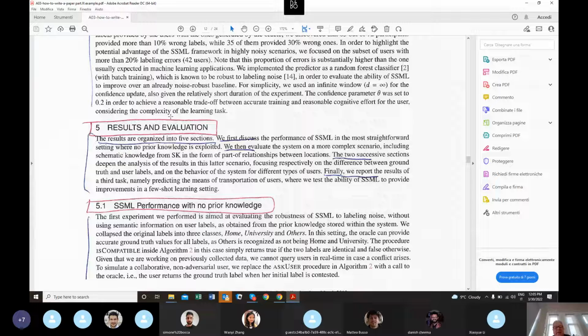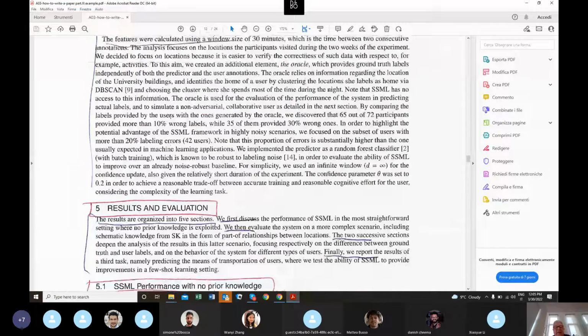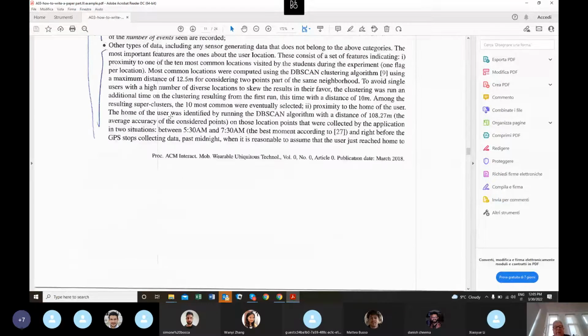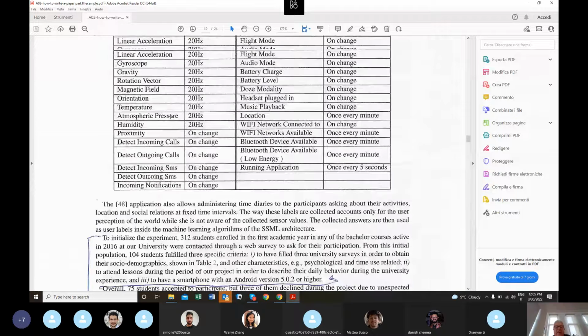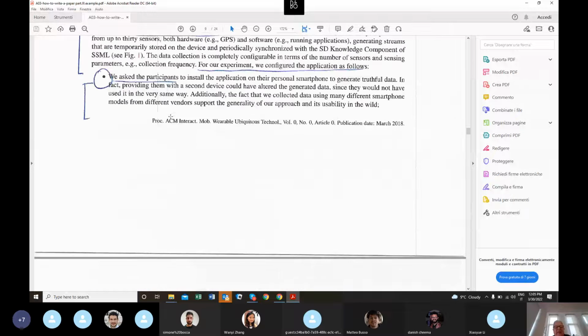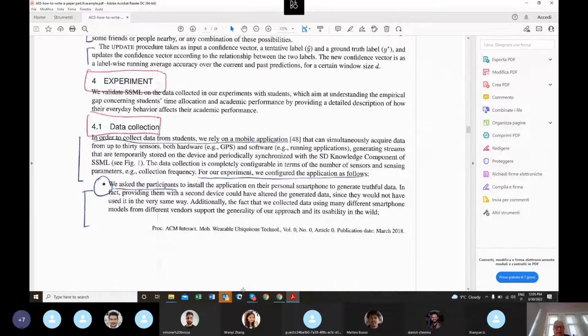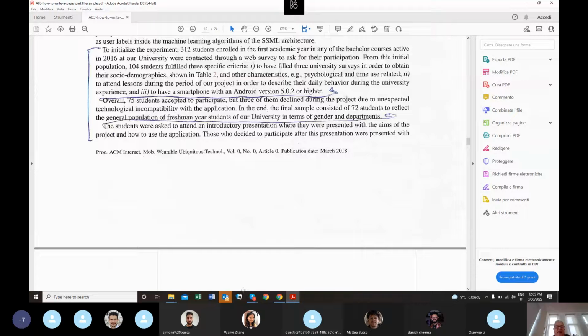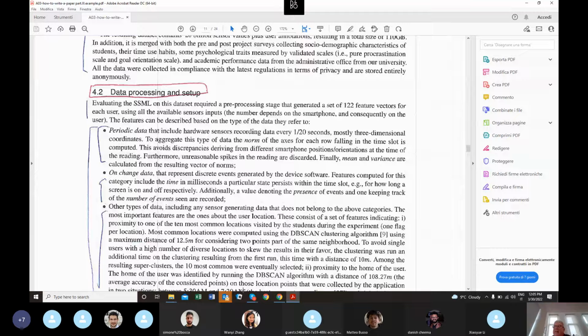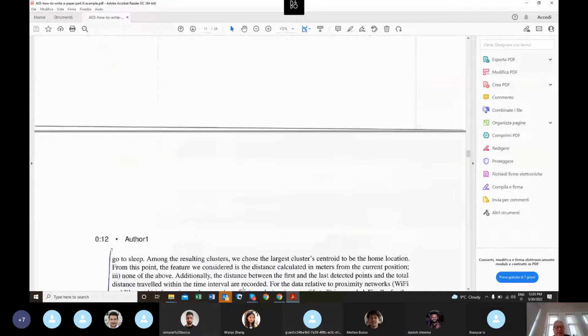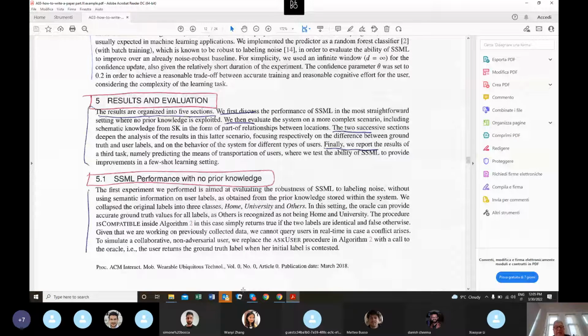Sometimes you may have experiment and evaluation together, but since we described a lot, and it was the first time we were doing experiments, we gave the experiment first level citizenship, section number 4, level 1, which means that we did the evaluation separately. Why? Because we just described the experiment, and those data were used many times. And then you have evaluation, results and evaluation.